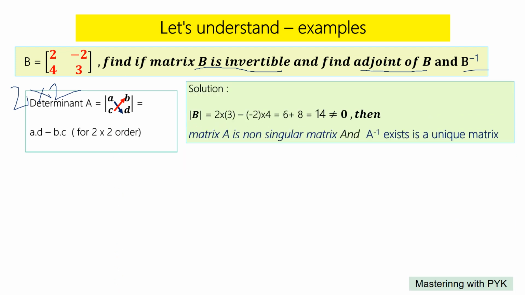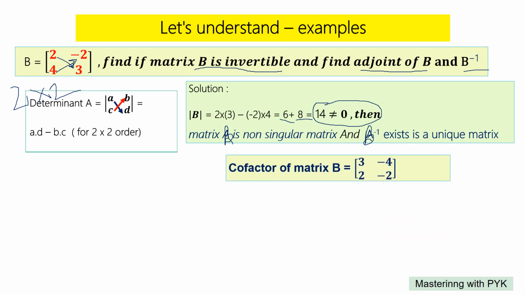Here the determinant is 2 multiplied by 3 minus 4 multiplied by minus 2, which comes out to be 6 plus 8, that is 14. Now the determinant is not equal to 0. This means that the inverse exists. So the matrix B is a non-singular matrix and B inverse exists, right? It will always be a unique matrix.